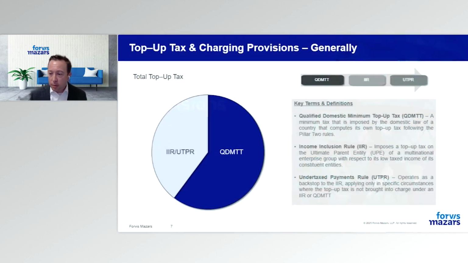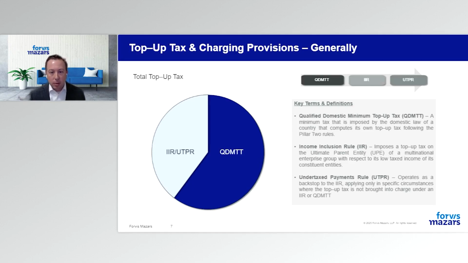Like we've done in previous series, we just wanted to do a quick recap, just cover some very basic terms so that the audience has this in their background. So, Pillar 2 is all driven by the top-up tax and charging provisions, and those are the qualified domestic minimum top-up tax, which we'll talk about today in quite a bit of detail relating to compliance, which is just a domestic minimum tax that qualifies under the Pillar 2 framework.